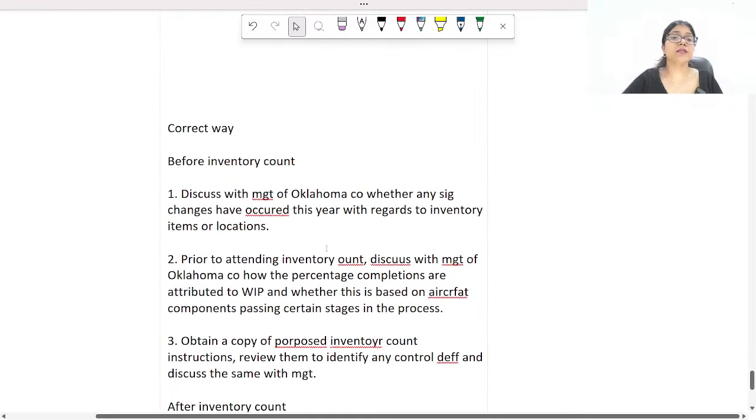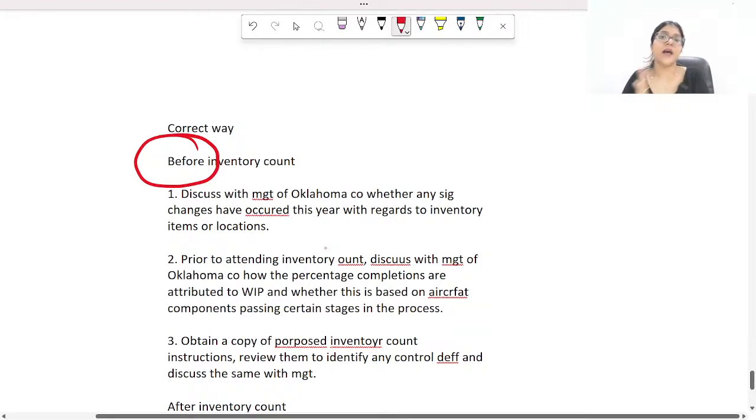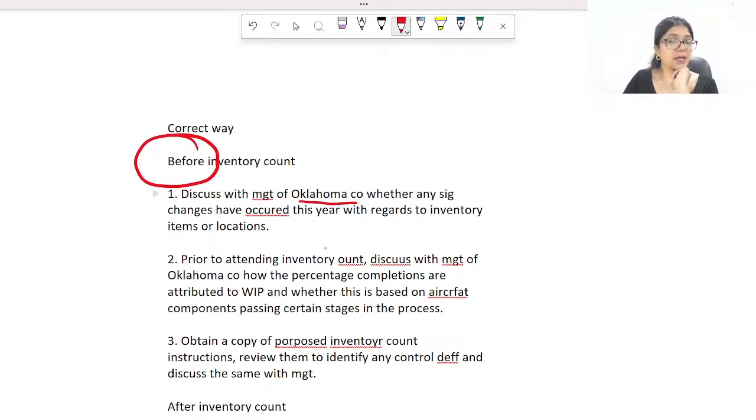So first of all, let's discuss the before inventory. As I told you, there should be a bifurcation between the before one and the after one. So discuss with the management of Oklahoma company, as I mentioned, the company name you can mention, whether any significant changes have occurred this year with regards to inventory items or locations, because they told that they are in multiple locations.